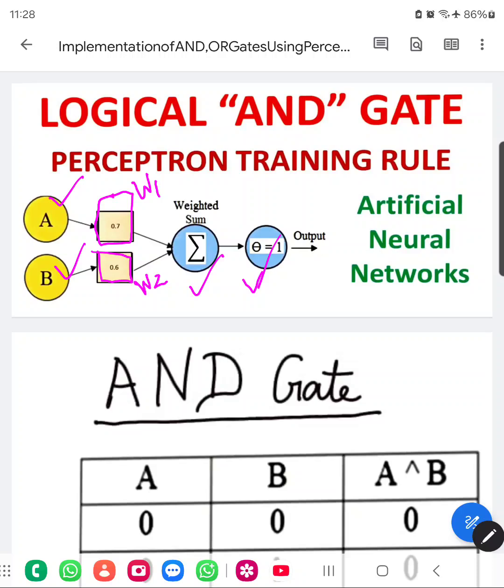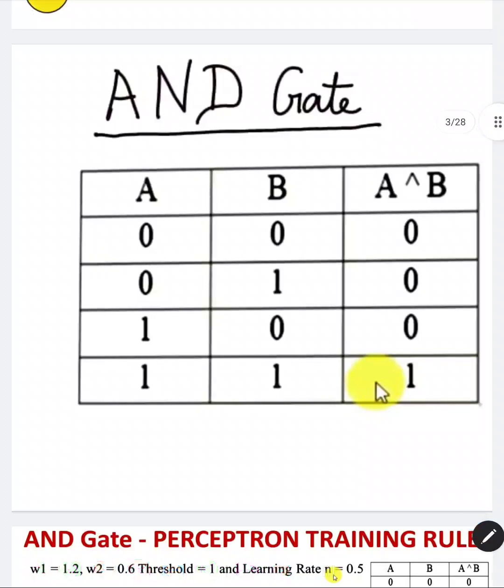So for the AND gate, the weight associated with A is 0.7 and the weight associated with B is 0.6. All right, I hope you have understood this implementation of the AND gate using the perceptron algorithm.